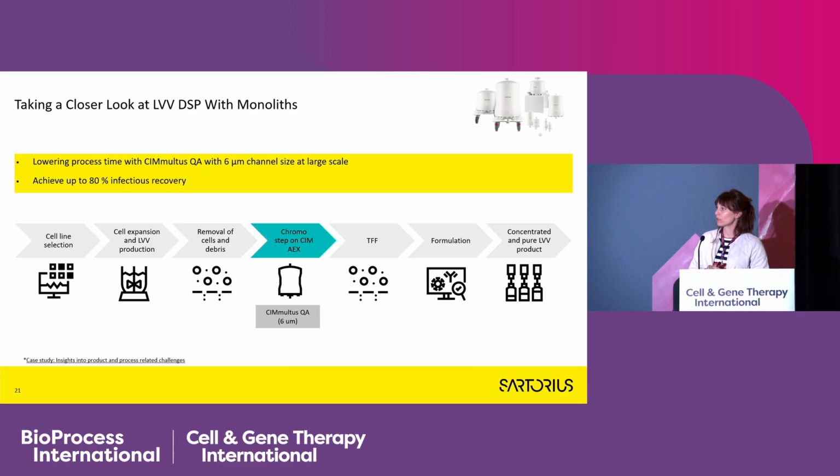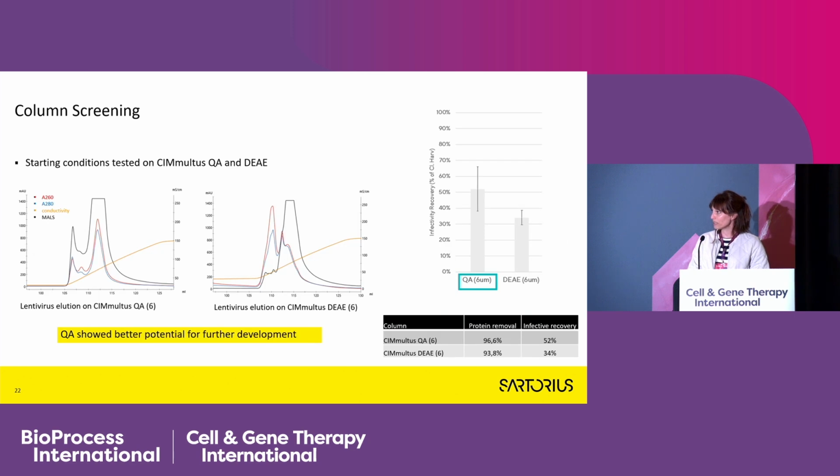But of course, we know that there are many steps for successful lentivirus separation, and every step needs to work hand in hand with all the others. Having this in mind, we first screened the columns. From the literature and experience, we focused on anion exchangers first, and compared different monoliths: a strong anion exchanger and a weak anion exchanger, CIM Multus QA and CIM Multus DEAE.